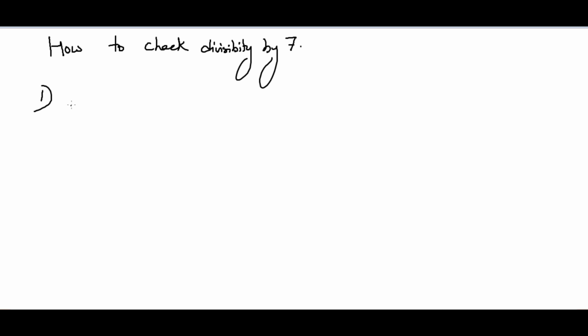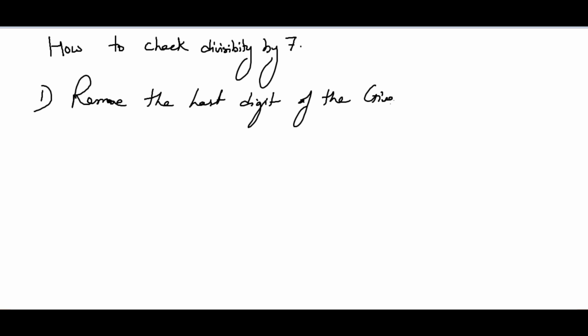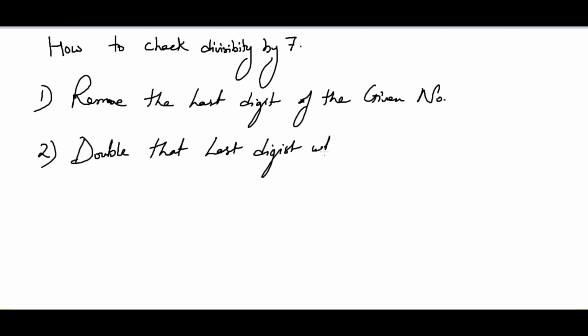Remove the last digit, or you can say the ones place digit of the given number, and then double that last digit which we have removed. If you are unable to understand it, I will give you an example and make you understand this properly.